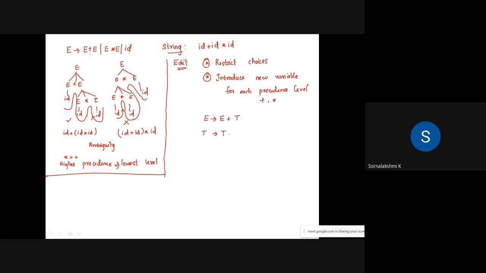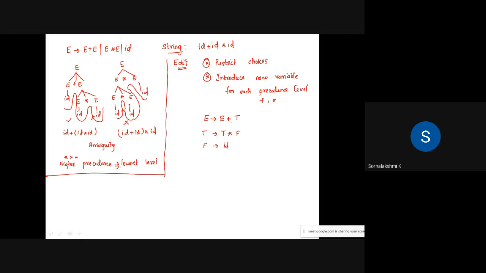I'll do T asterisk, another non-terminal for multiplication. So it is E plus T. For addition precedence, I've introduced a non-terminal. For multiplication, I've introduced a non-terminal. So once I've reached T, I make sure that I don't add anything else. I cannot add, I only can do multiplication. So F, I'll do ID.